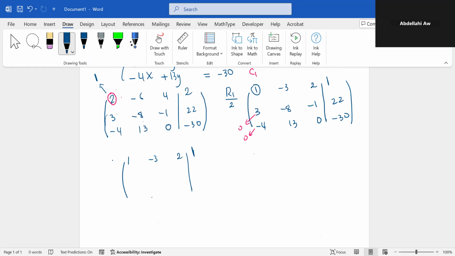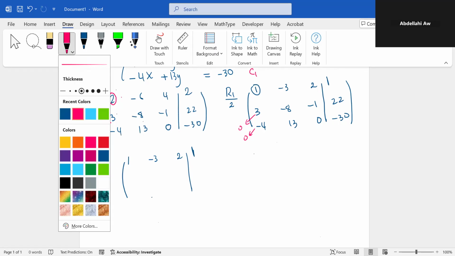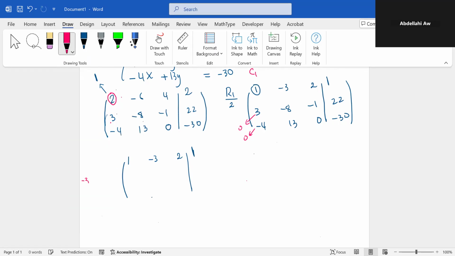All right, so basically what you're going to do. Of course, here, 1 and 3 don't make up to 0. So we need to multiply 1 by -3. You see, that's why I say -3 times row number 1 plus row number 2. And look at the way we wrote it down.